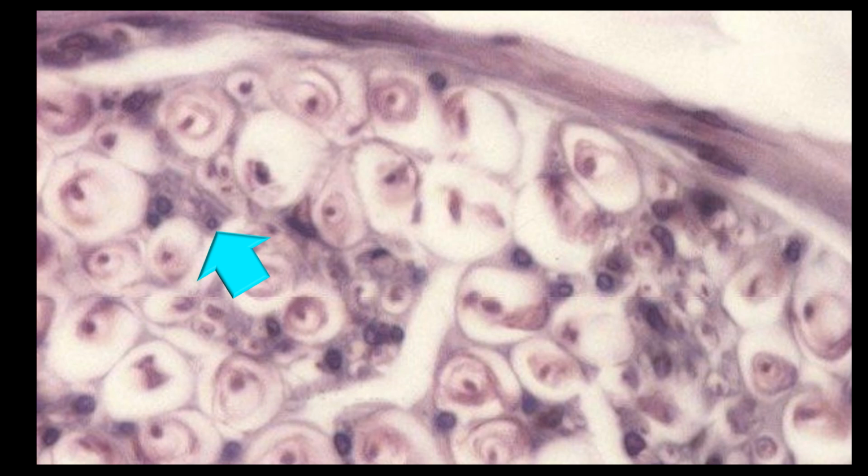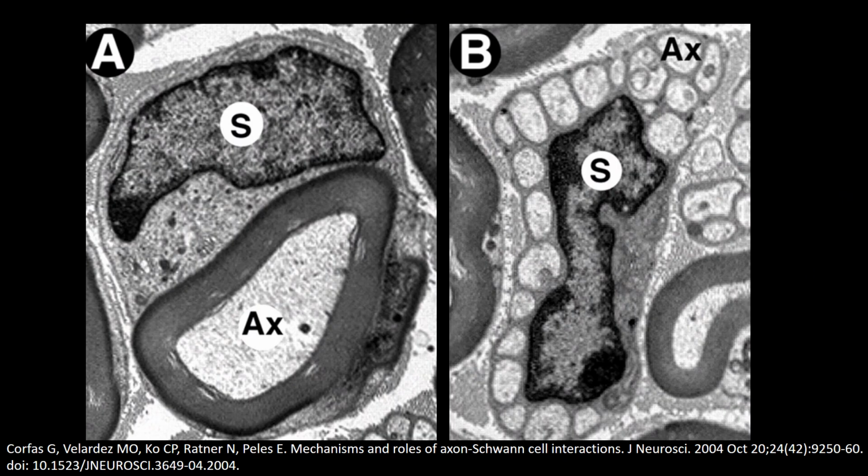These 2 examples can more clearly be seen using electron microscopy. In figure A, you can see a Schwann cell with its prominent dark nucleus and grayish cytoplasm myelinating an axon. In figure B, you can see a Schwann cell cytoplasm engulfing multiple axons.